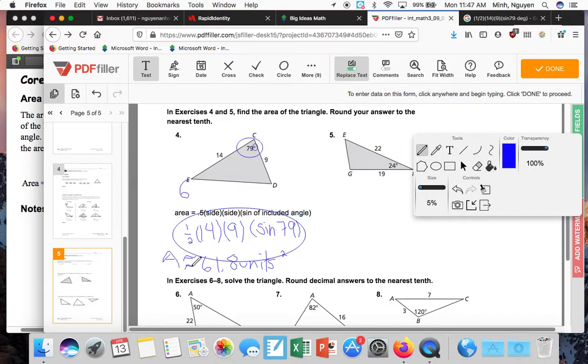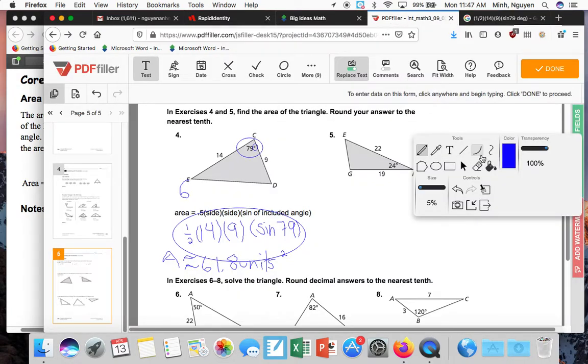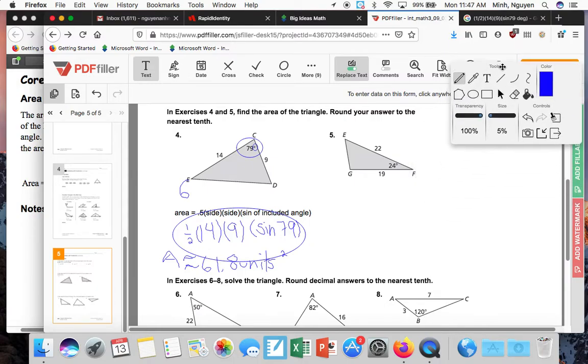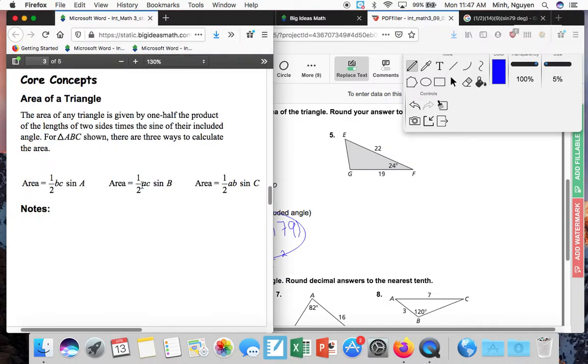And this is approximately because it's not exactly 61.8. Okay, so that's one demonstration on how to use the area formula. We could do it again for sure. So again, I have 1/2 times side times side times the sine of the included angle.